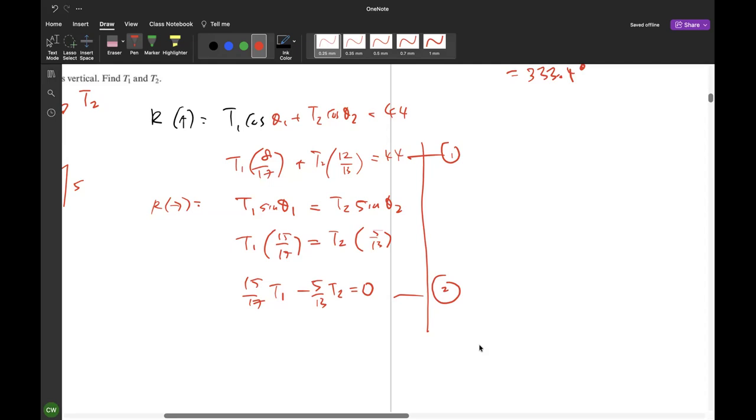Okay, so what is your T1? What is your T2? Correct or not?